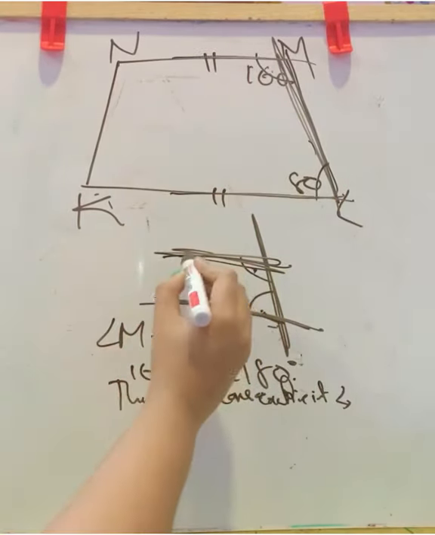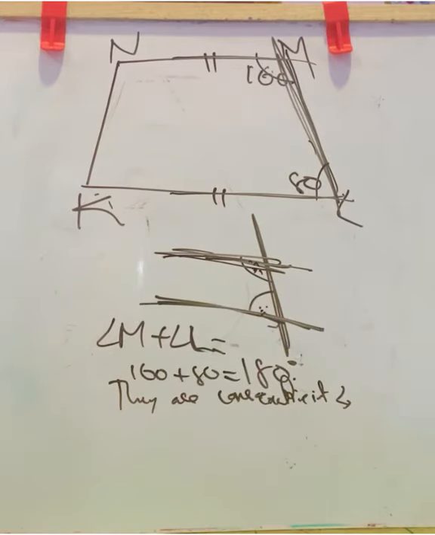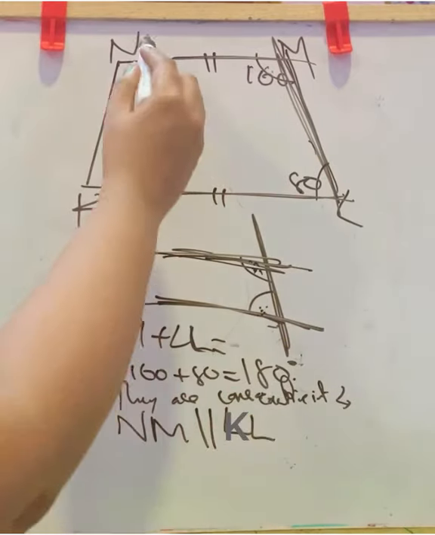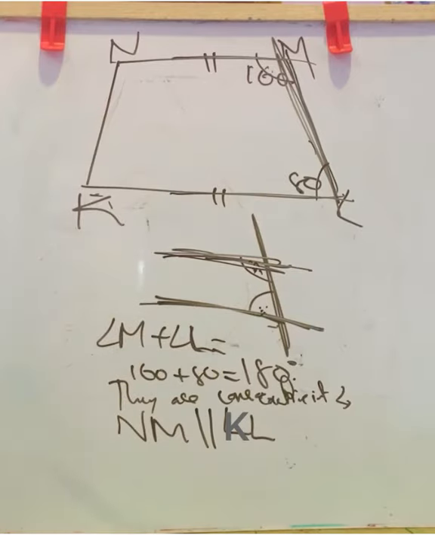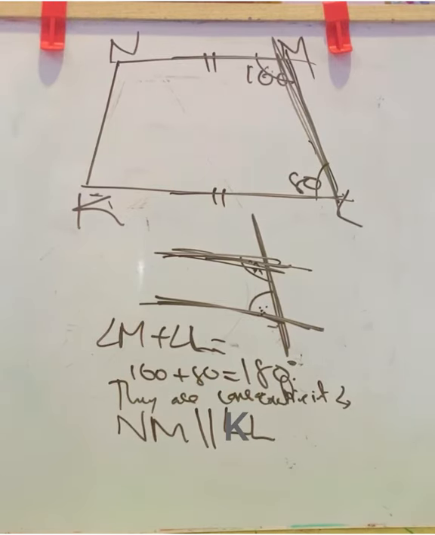These lines are parallel, then only we will get consecutive interior angles sum as 180. So we can say NM is parallel to KL. NM is parallel to KL. If a pair of lines are parallel, then you can name that quadrilateral as trapezium. In a trapezium, at least one pair is parallel.